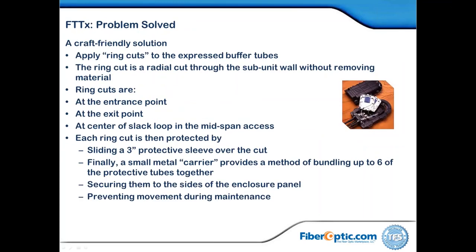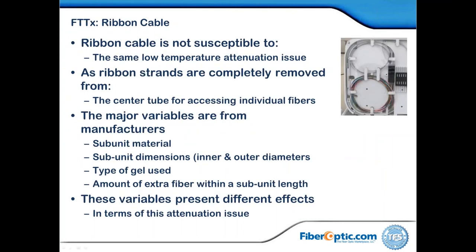As you can see, it says labor intensive and risky. The other option is to apply little ring cuts to express fiber tubes, and that basically gives a break in the tube for everything to expand and contract. I'm not going to go into a lot of detail there, but if you're up in Alaska, that might be an issue.